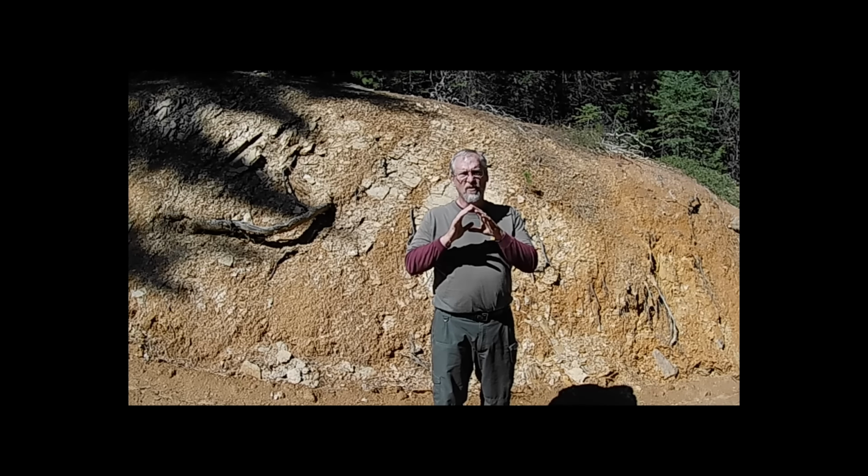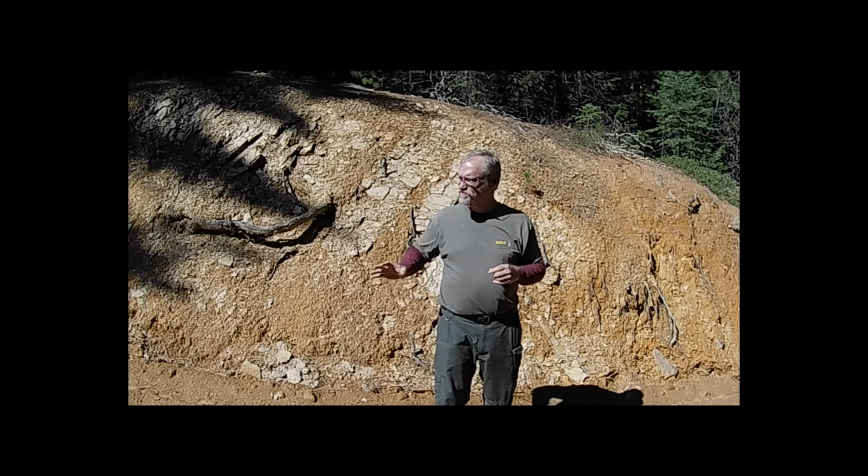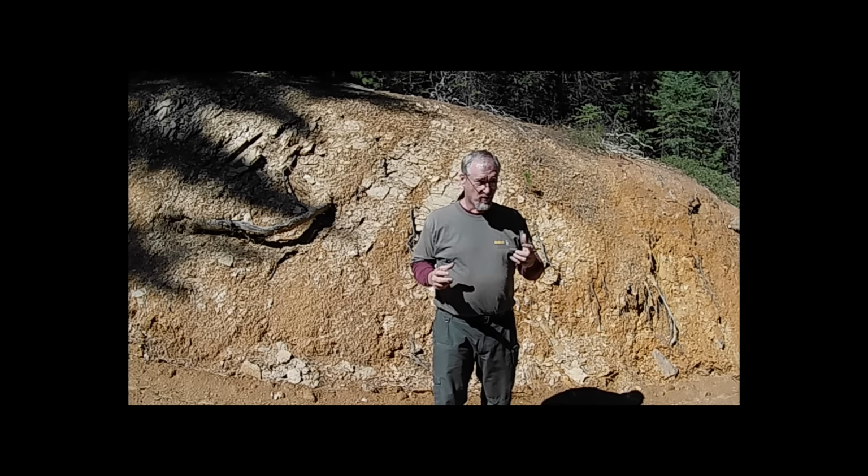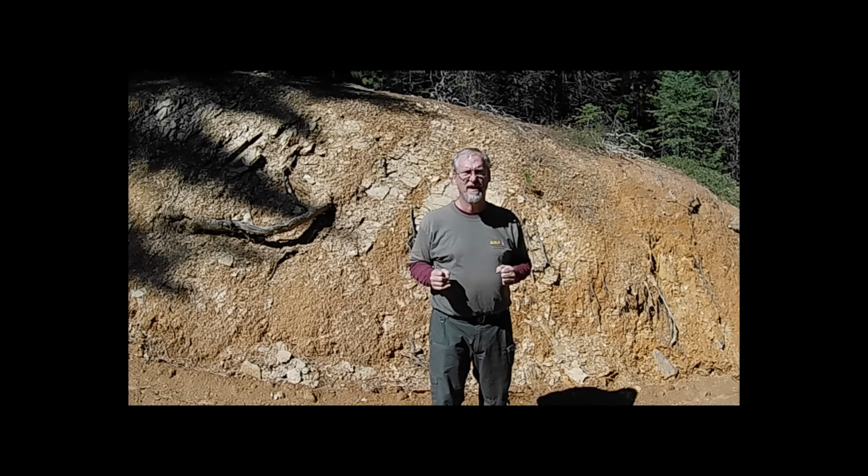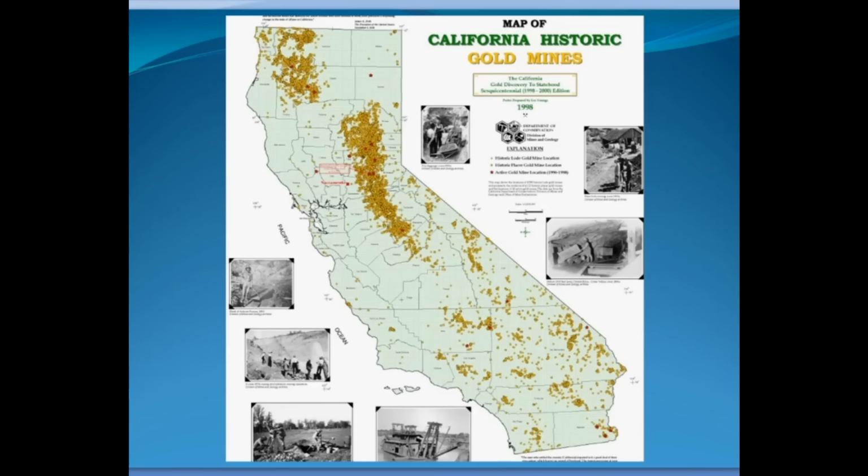So know about the extension of this productive rock type, or whatever the productive rock type is in your area, and check out geologic maps to see where that same rock type extends to different areas.